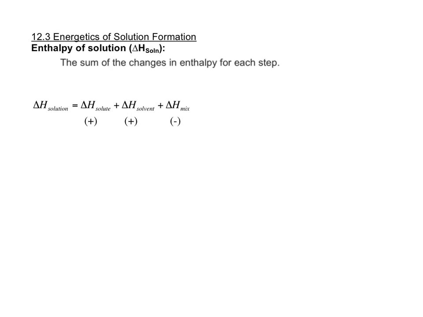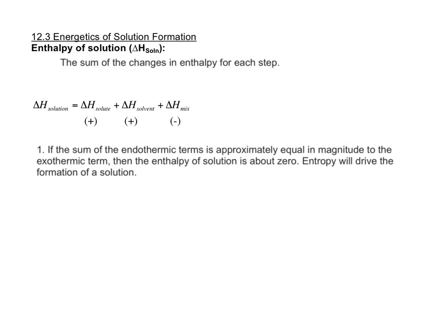So to sum this up and also link it back to the table we just did on the previous slide, if the sum of the endothermic terms is approximately equal in magnitude to the exothermic term, then the delta H of solution is going to be about 0. And so since we generally have an increase in entropy upon mixing, this will overall drive the system toward formation of a solution.